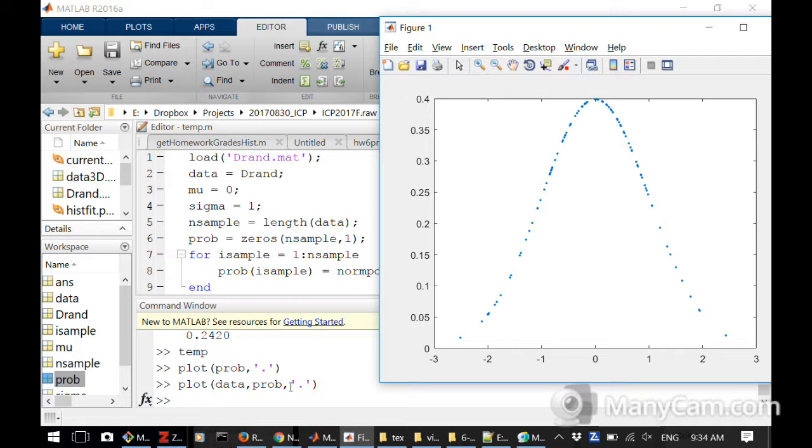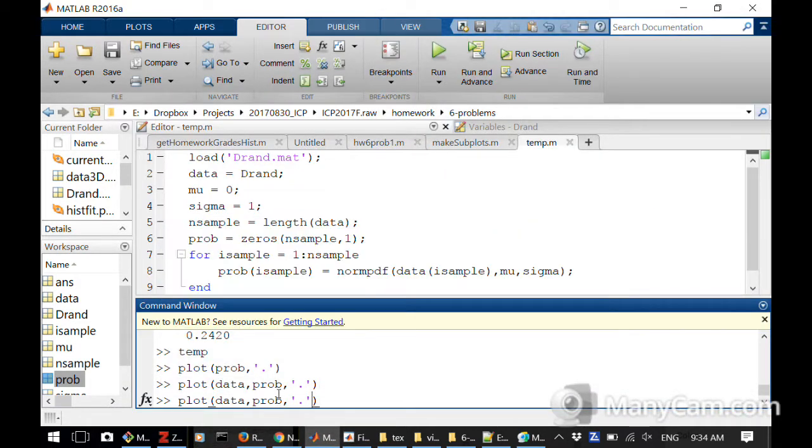So what happened in this plot? Can somebody explain what we are plotting here? So let me make it a little bit better: marker size, let's set it to 15 or maybe 20, and then color simply red.